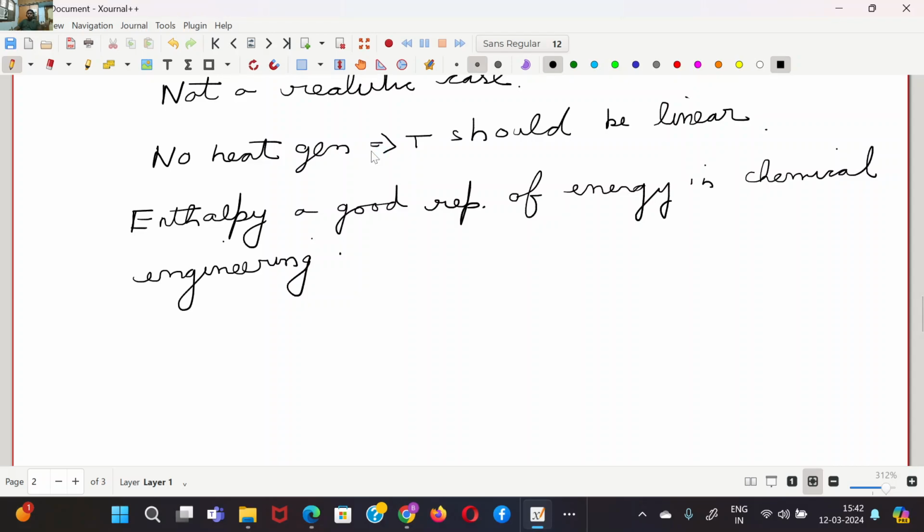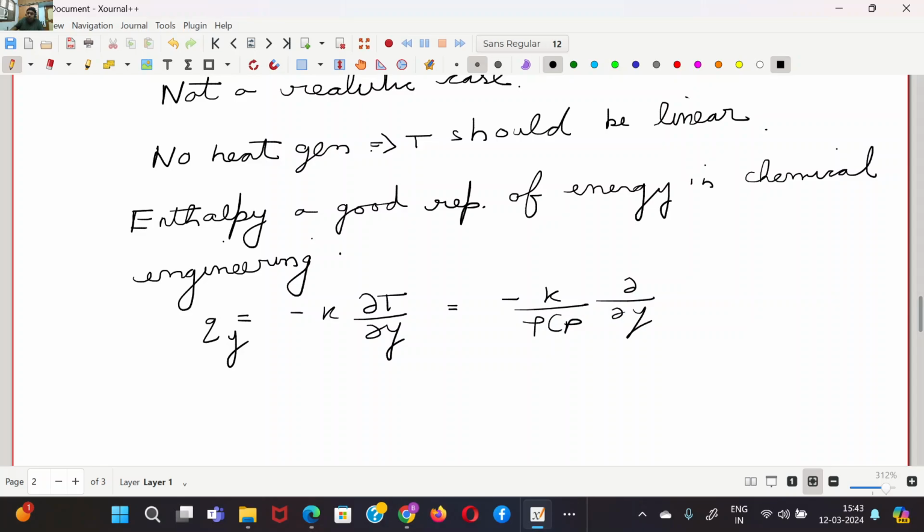So enthalpy per volume will be mass into specific heat into temperature divided by the volume, or the density into specific heat into temperature. Since Fourier's law was this, right? Say in the y direction, with k dT by dy, we can multiply and divide both sides by rho Cp. Rho Cp are constants.